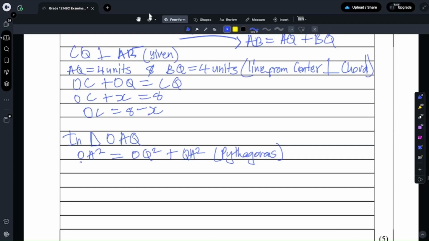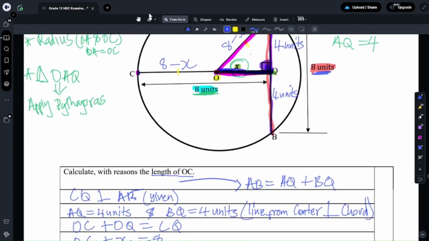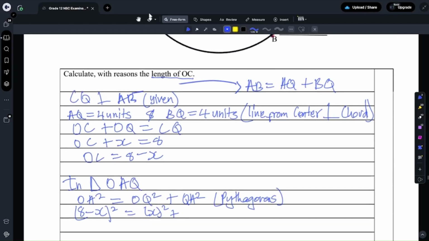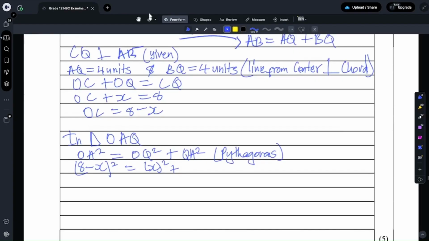So remember that OA is 8 minus X. So you just substitute that, is equal to our OQ, which is X. So substitute X squared plus our AQ is equal to 4 squared.